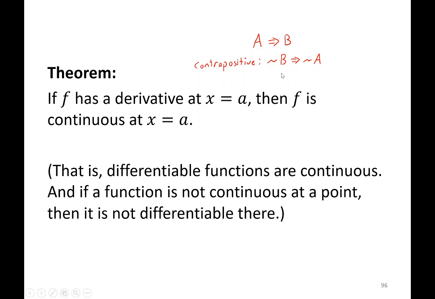So in our theorem here, we would say if the function is not continuous, so if it's discontinuous at x equals a, then the function is not differentiable, does not have a derivative at x equals a. And that's what we were looking at in the previous slide.